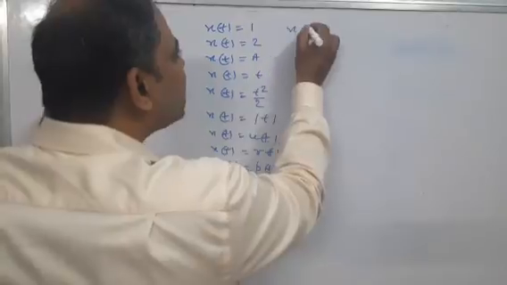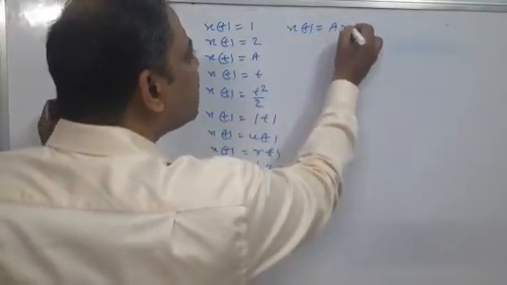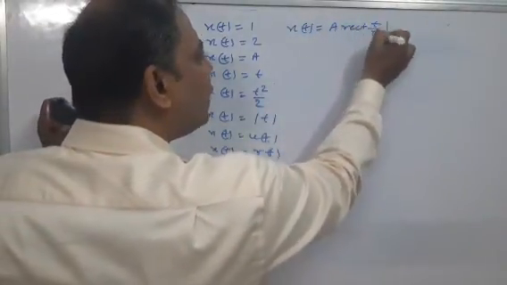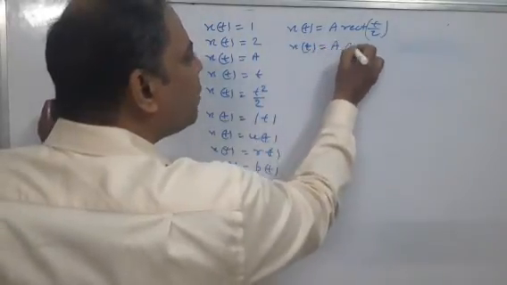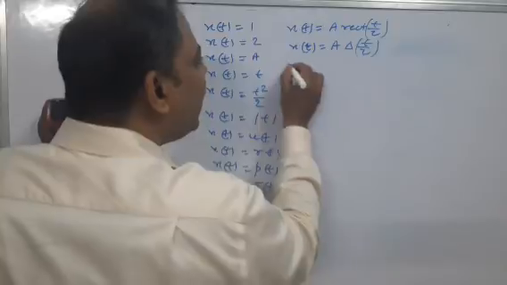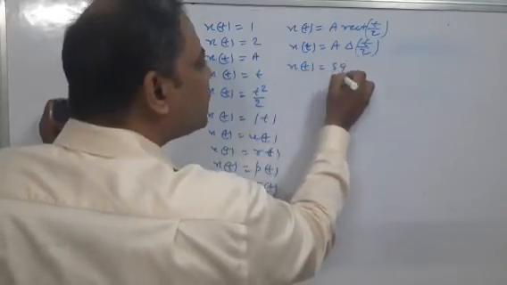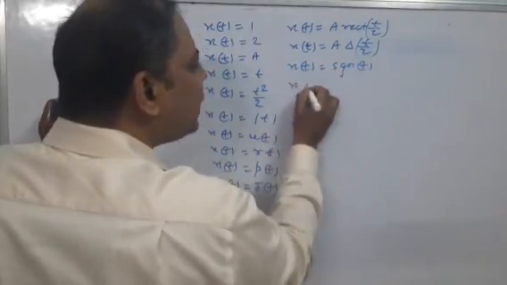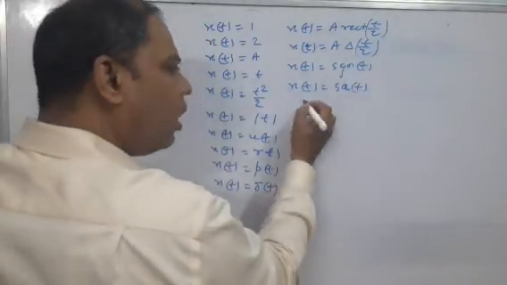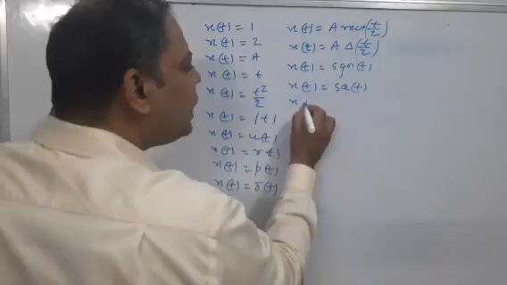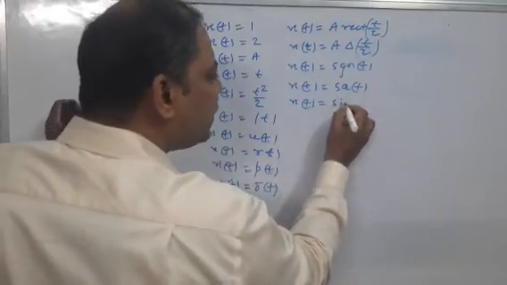Okay. Now x(t) is equal to A rect(t/tau), I have sketched. x(t) is equal to A triangular(t/tau). x(t) is equal to signum(t). x(t) is equal to sampling(t). This sketch also I have already made. x(t) is equal to sinc(t).